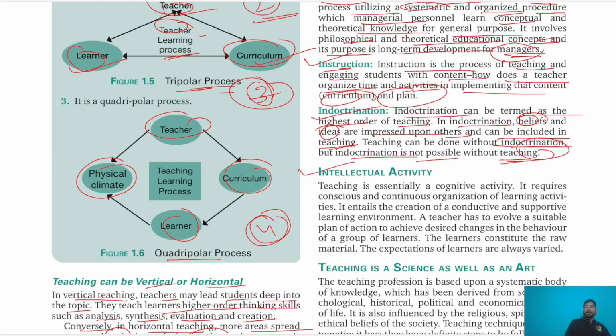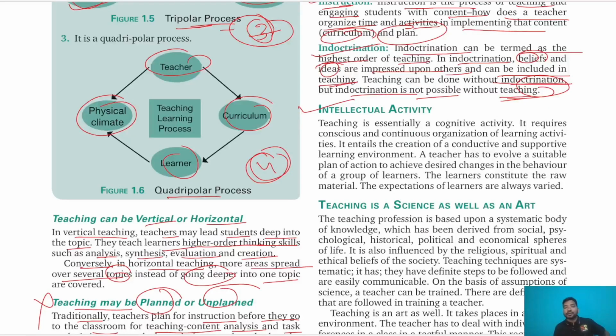Now move to the intellectual activity. It is a part of the dynamic of teaching, an intellectual activity. Teaching is essential to cognitive activities. Cognitive activities means knowledge activities. If the teacher has good knowledge of a particular topic, then he or she can deliver the lecture very effectively before the student, right?